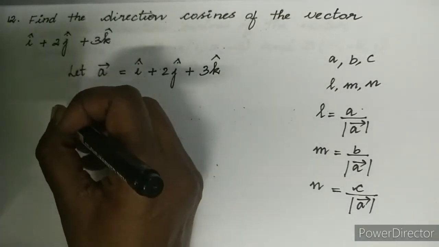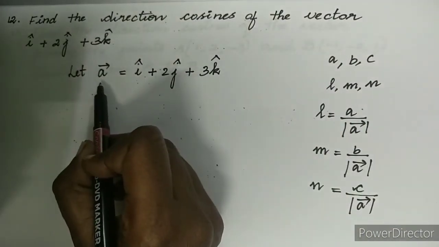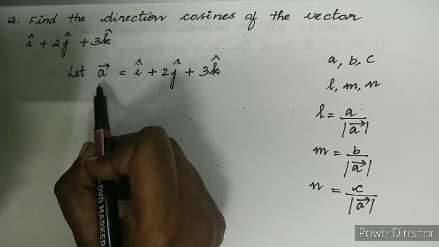Here a, b and c are direction ratios, and now we will find the magnitude of a vector in order to find the direction cosines.